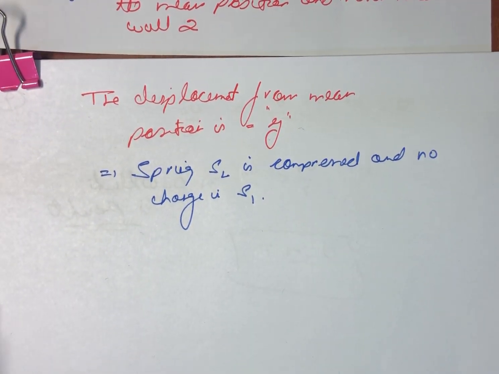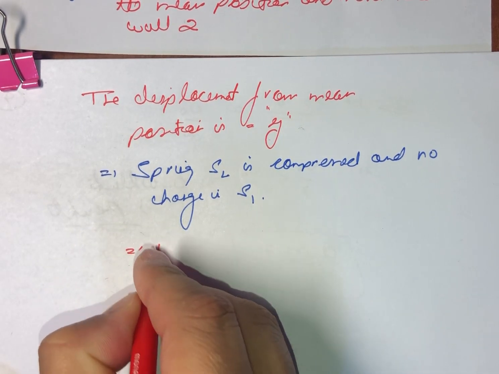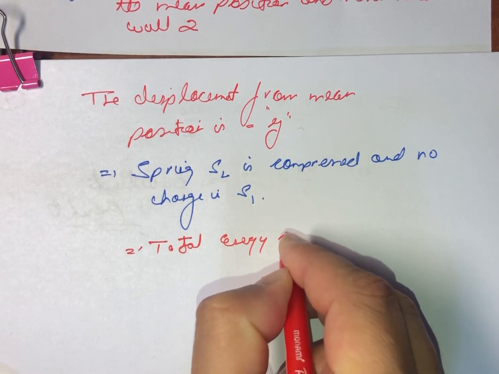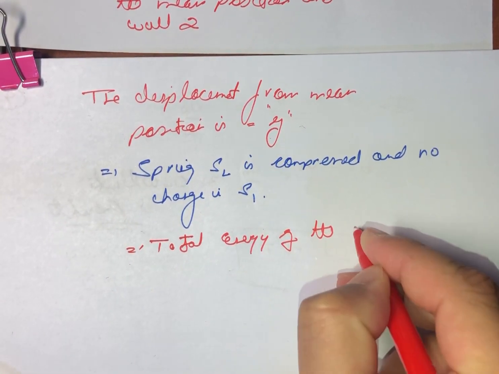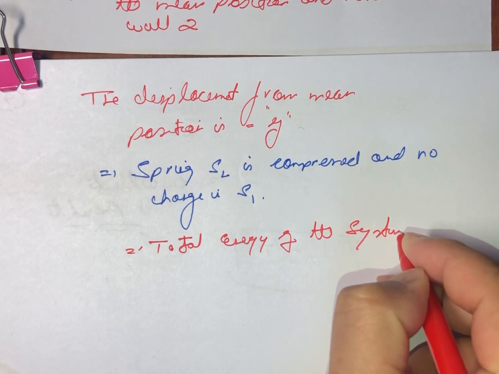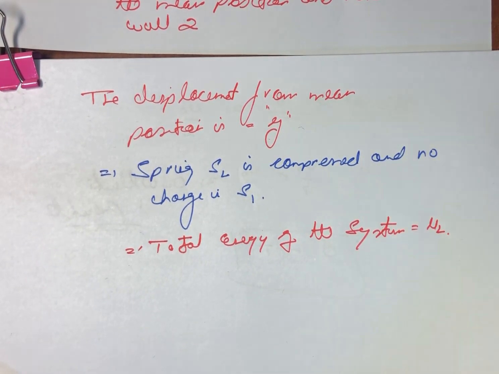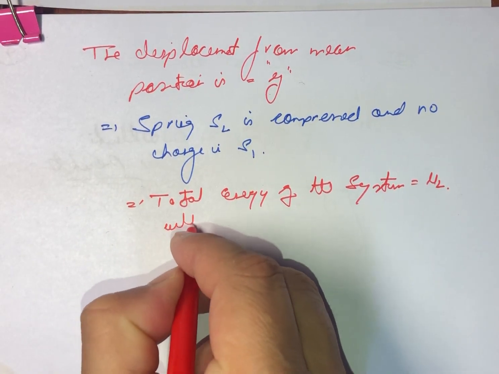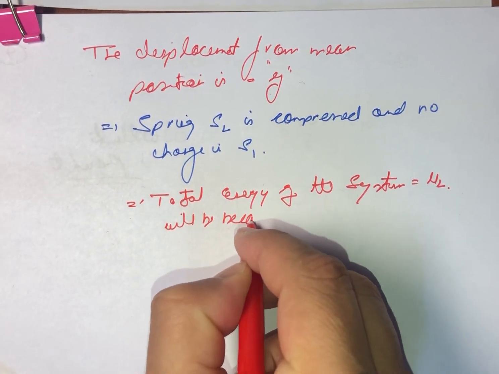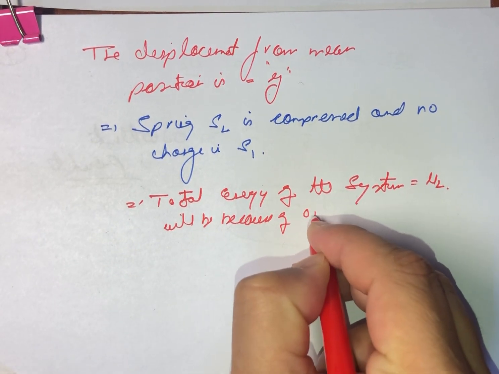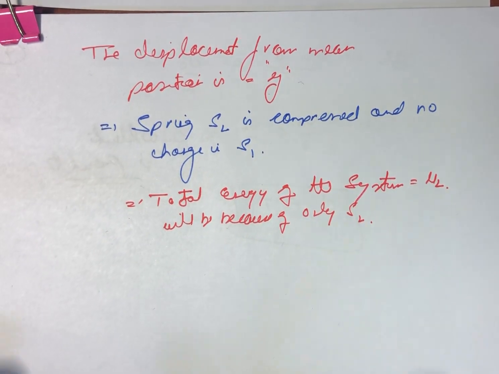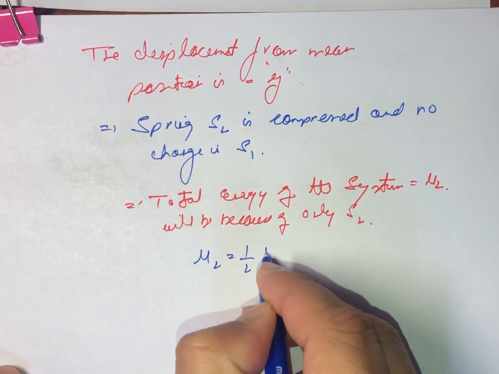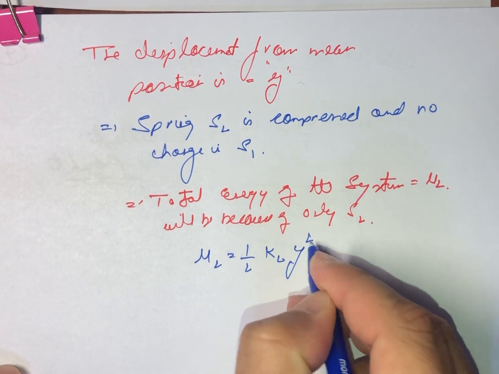So the total energy of the system, let us call that U2, will be because of only S2. So we can say U2 is equal to half K2 y square.